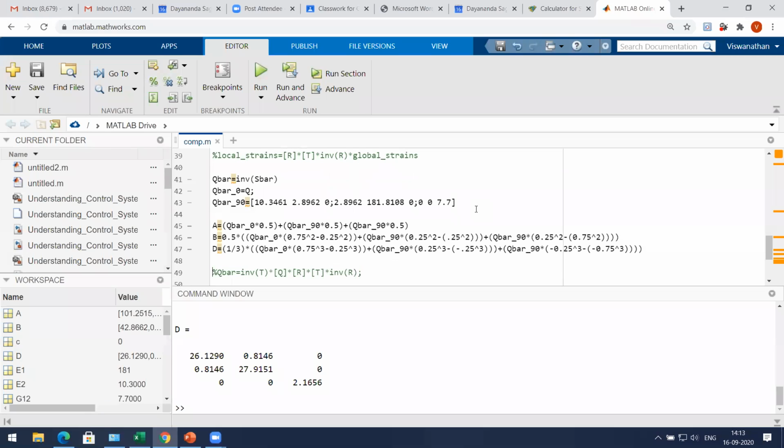Are you all getting familiar with all these terms? Yes, sir. Okay. What I did was make you understand what ABD is, show you a website link where you can directly calculate these, and show how to do it with MATLAB.